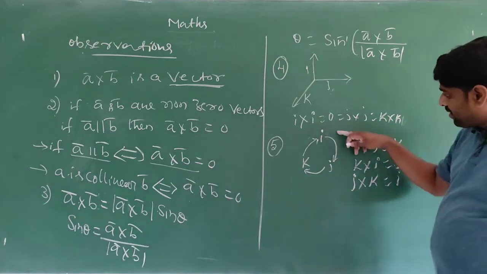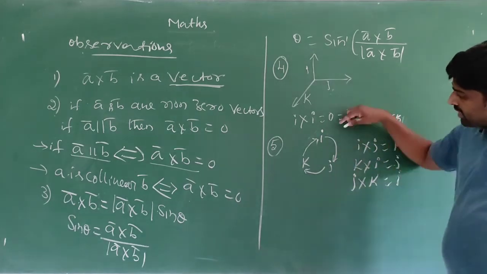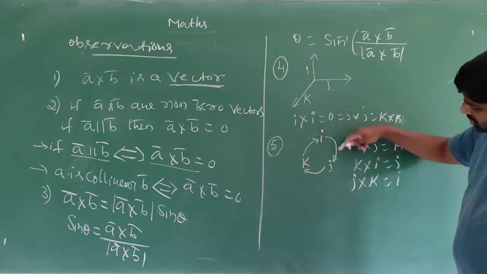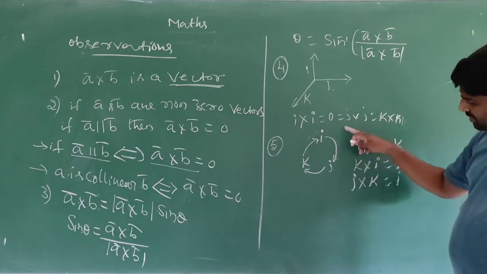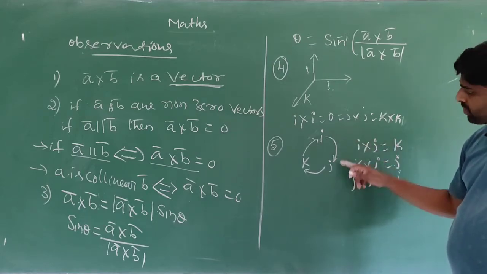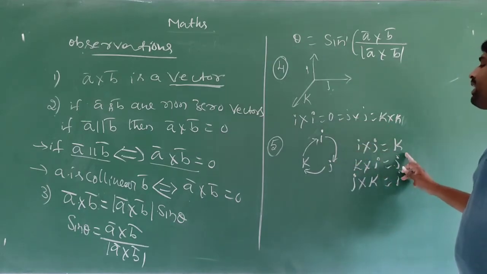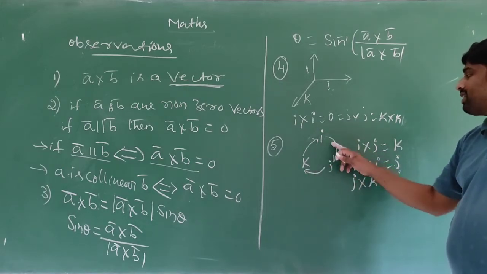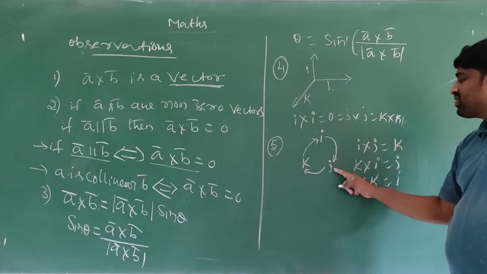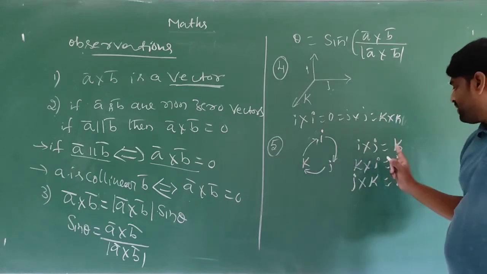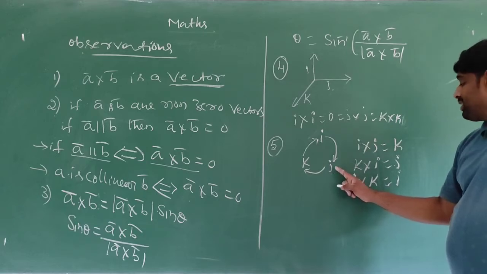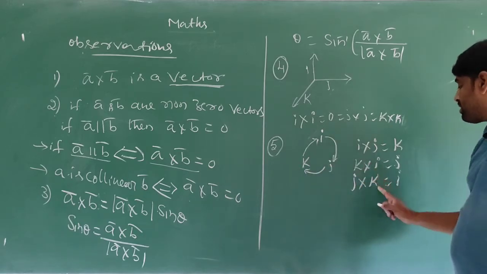This is cyclic. If i cross j, from i to j, the direction is this side, the cyclic direction. i cross j is k, j cross k is i, k cross i is j. See, i cross j, next component is k. k cross i, next component is j. j cross k, next component is i.